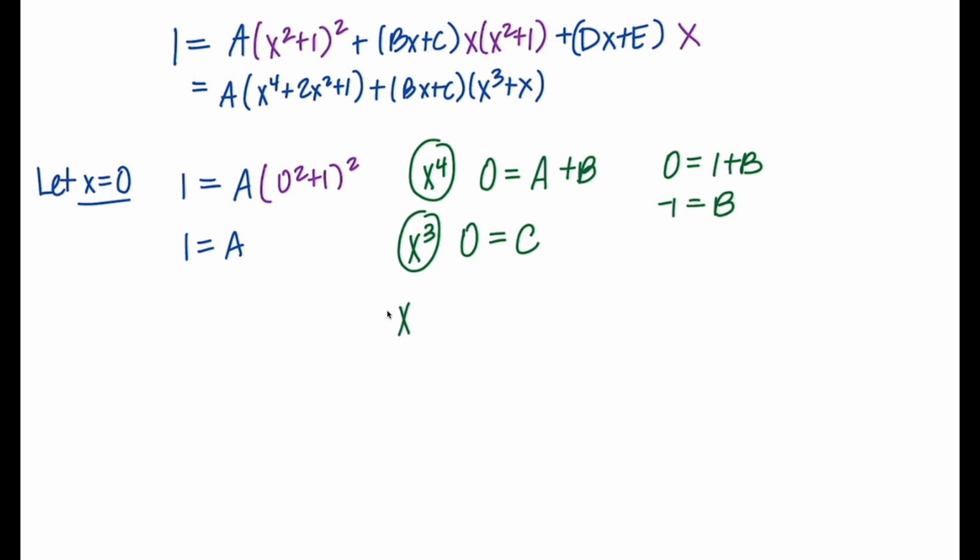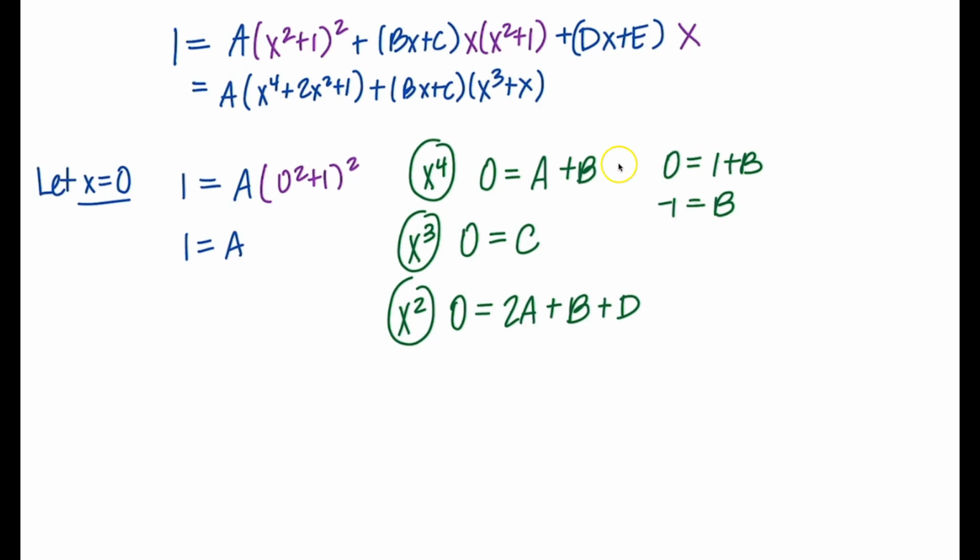Let's go ahead and think about what's in front of x squared. Okay, on the left, 0. There's no x squared term on the left. On the right, something more interesting. So a times 2x squared means 2a is in front of x squared. Let's see, right here, we said bx times x was bx squared. So we have plus b. There's a b in front of x squared. And then right here, dx times x, so d is in front of x squared.